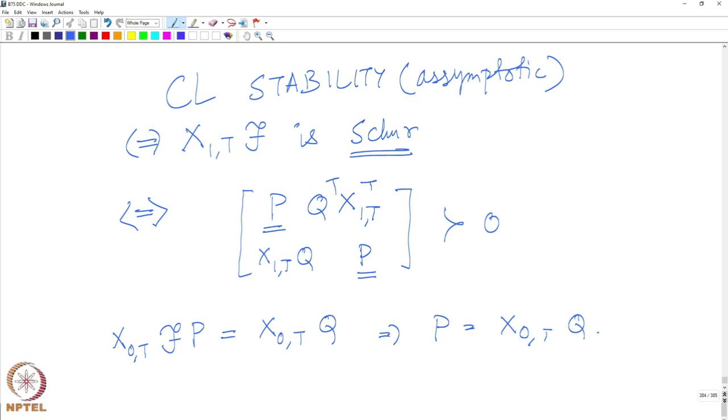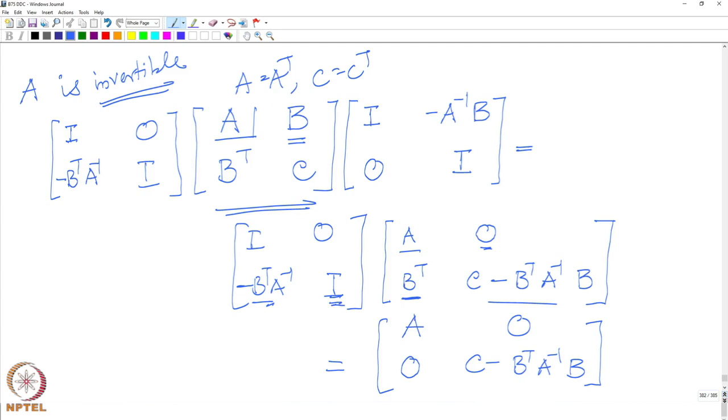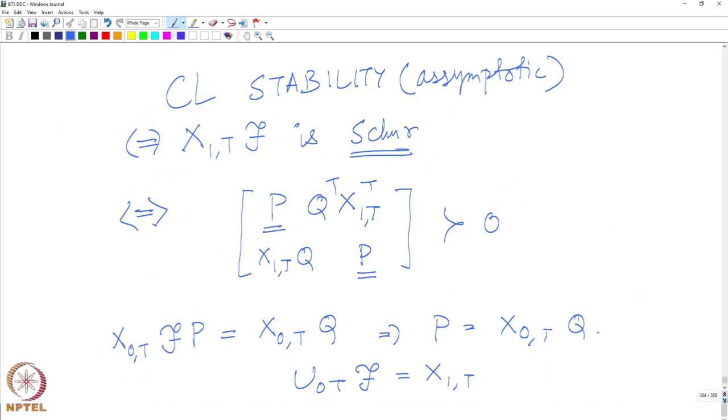And likewise I have u0 T F is equal to my feedback matrix F, right.